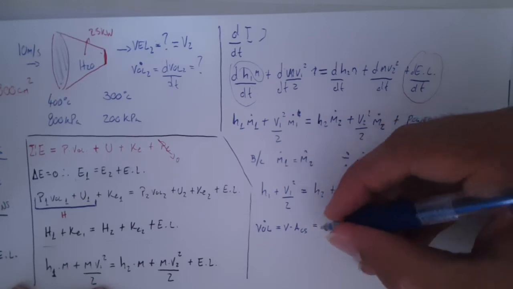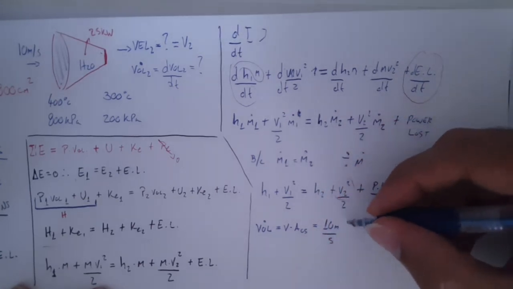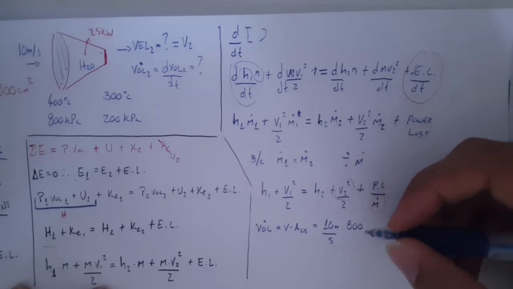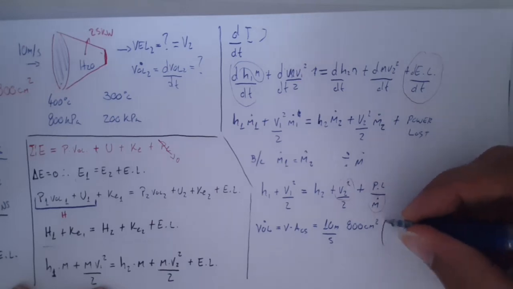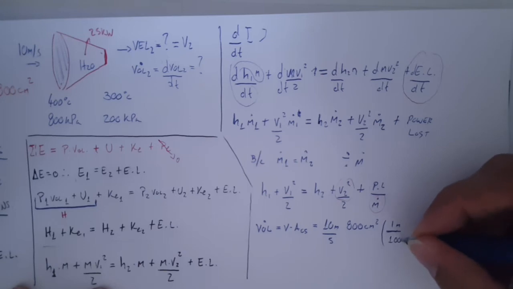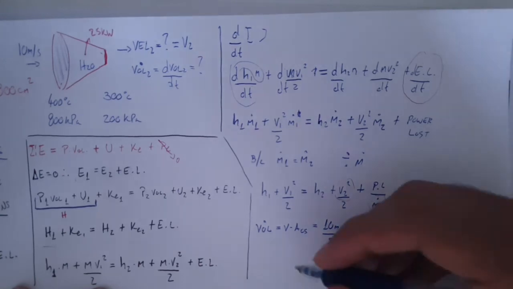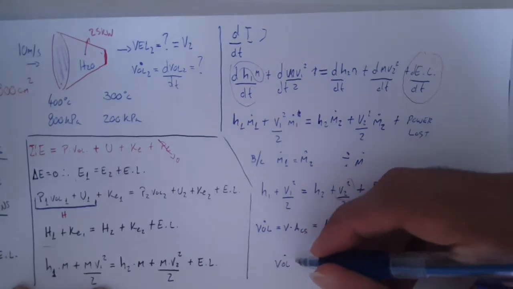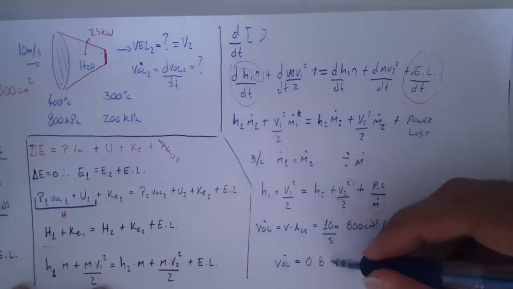So in this case, it's the 10 meters per second times the 800, and I need to convert that into meters. 1 meter is 100 centimeters, and I can square that. Okay, so I can cancel these out, and I'll have meters squared. My volumetric flow rate will be 0.8 meters cubed per second.